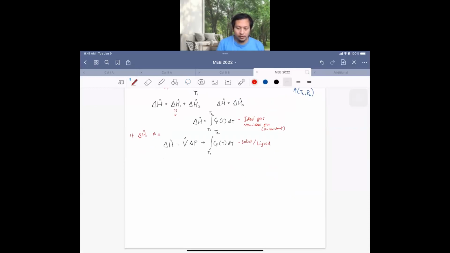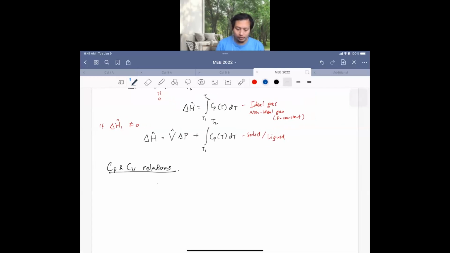So Cp and Cv relations: for liquids and solids, we could say that the values will be approximately similar. And for ideal gas, Cp equals Cv plus R, where R is the gas constant.